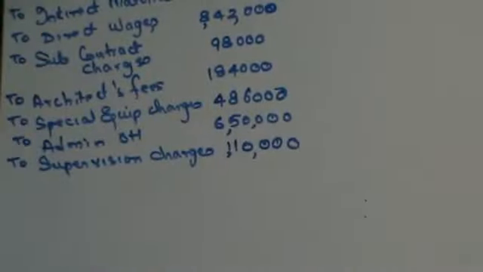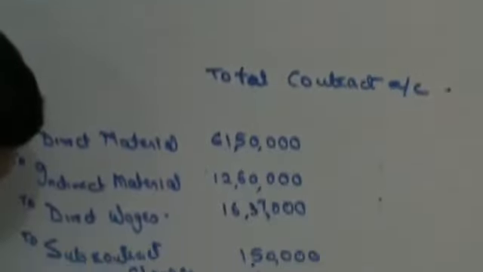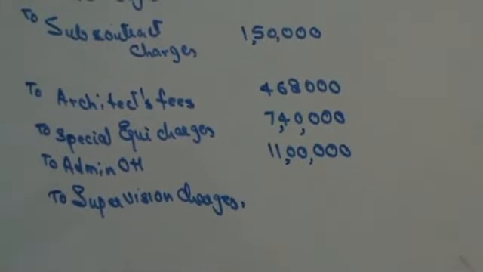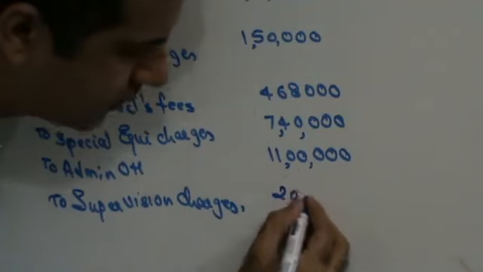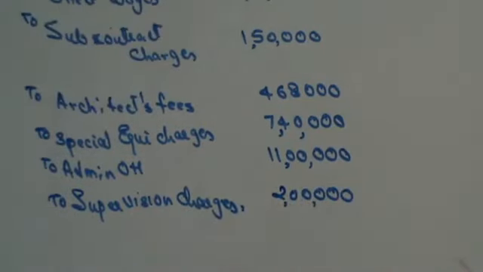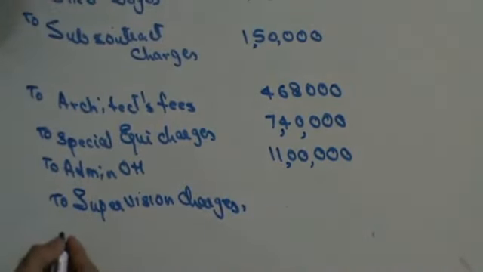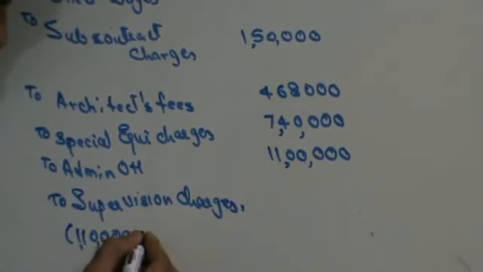Similarly, in the total contract you will consider the total time, that is 11 months plus 9 months, 20 months. 20 months into 10,000 will come to 2 lakhs.